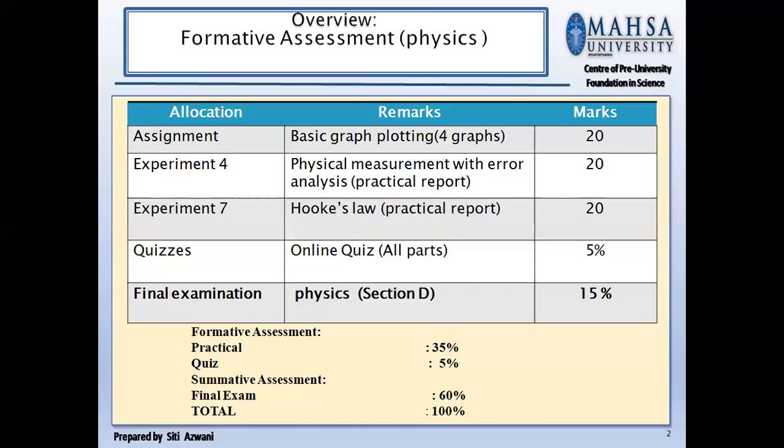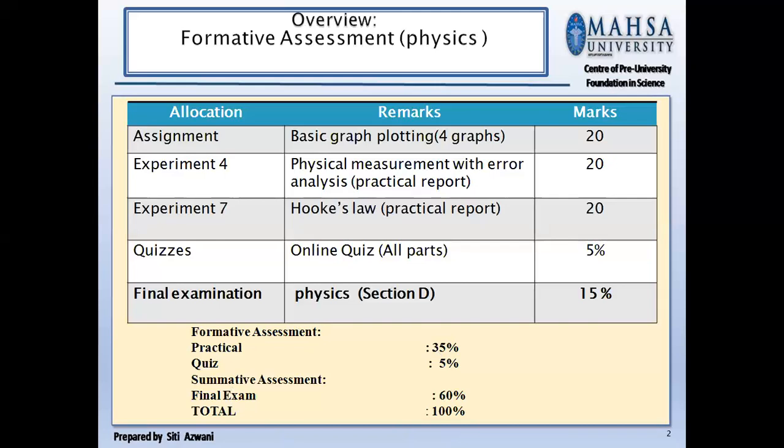If you refer here to the coursework or formative assessment, 35% is practical, which means the practical and assignment for all parts, biology, chemistry, and physics. The total is 35%, and then the quiz is 5%.